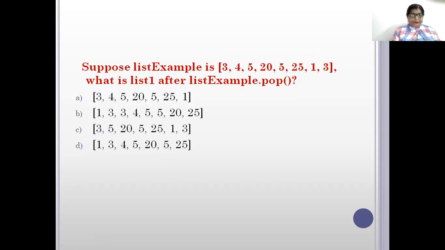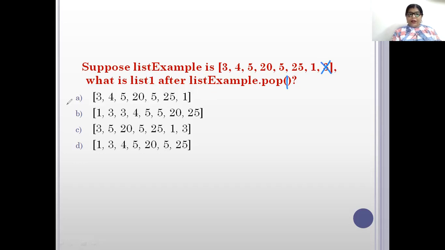Next, suppose the list example is this. What is the list after this operation? Now, in the previous question the index was given, but now no index is given. So what does it remove? By default, pop always removes the last element. Whatever the last element is, that is removed.